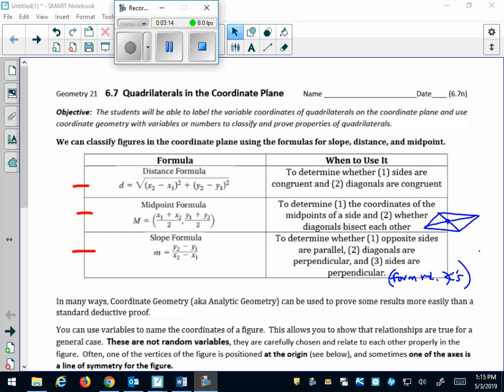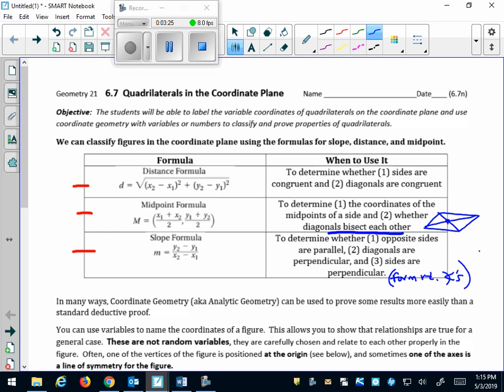Midpoint formula, remember, is the average of the x's and the average of the y's. This is helpful to prove that diagonals bisect each other. Because when we draw the 2 diagonals of a parallelogram, what should be true about that point? If diagonals bisect each other, that's the what? The midpoint. The midpoint of both diagonals. Okay, so we'll see how that's applied later.